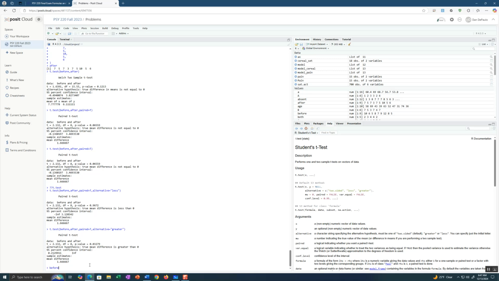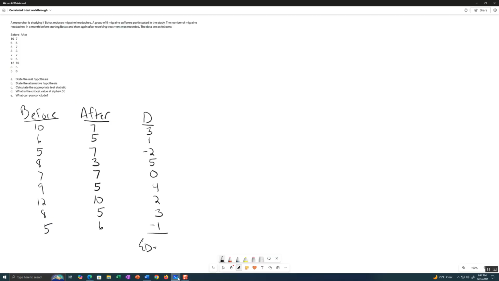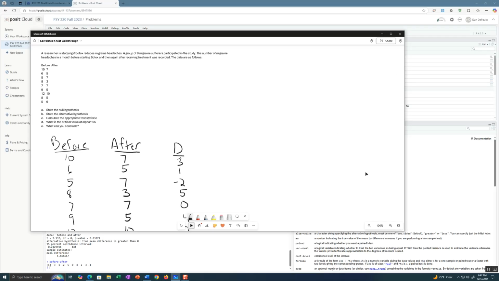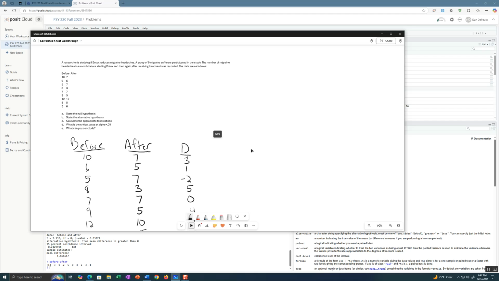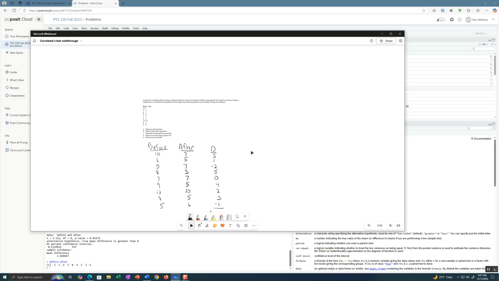So if I do before minus after, I get my difference scores. Let's check those. 3, 1, 3, 1, 2, 5, 0, 4, 2, 3, negative 1.